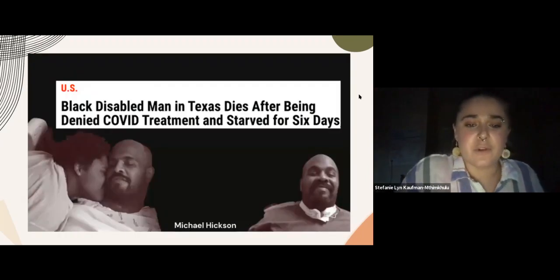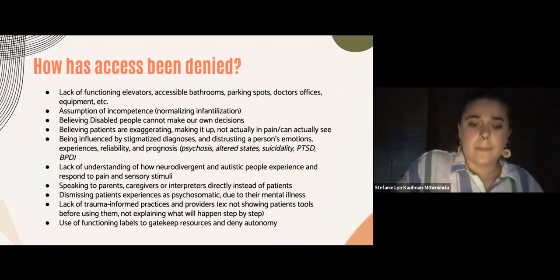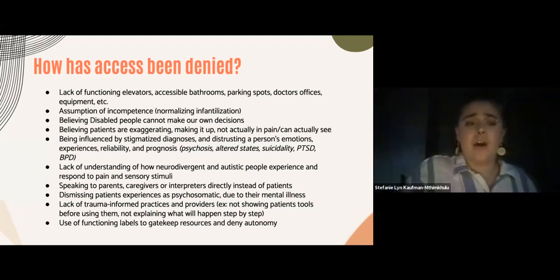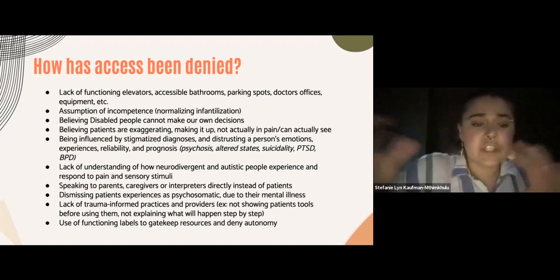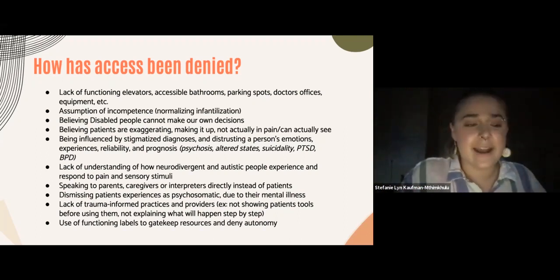And Jenny, if you could skip to 43. Awesome. I will just name a couple of these, and then Jenny, if you want to jump in, that would be awesome. So just thinking about how has access been denied? Particularly in medical spaces, there are lots and lots of ways that access has been denied.